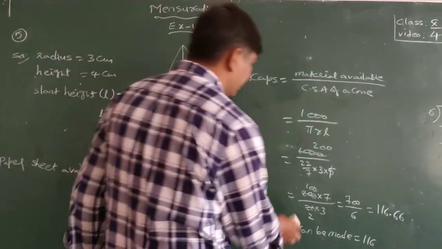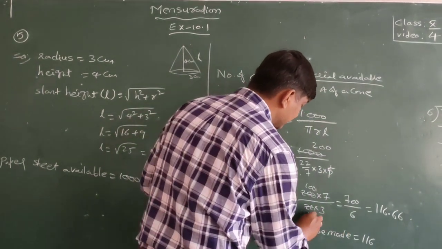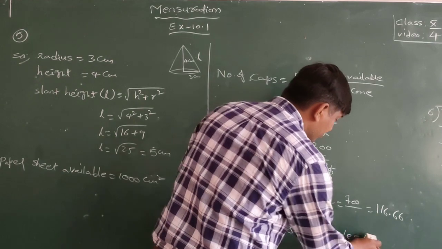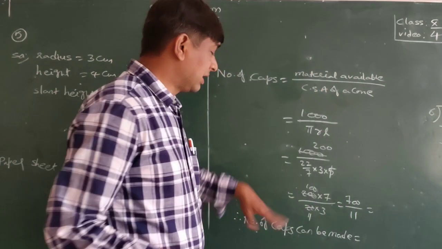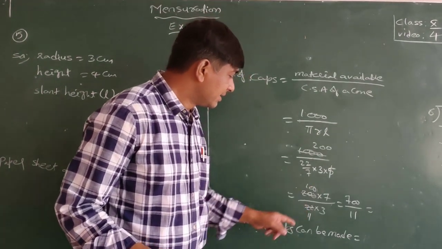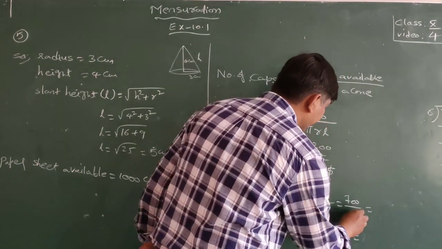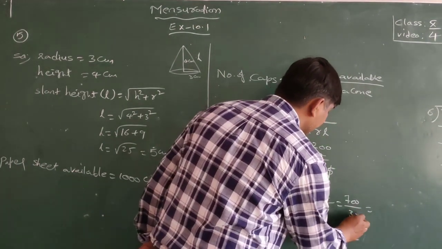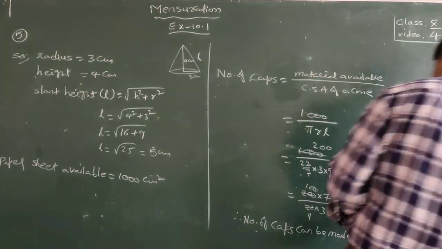Please correct it. 11 twos are 22, 200 into 7 is 700 by 11 into 3, 33. Now divide this one by 33.